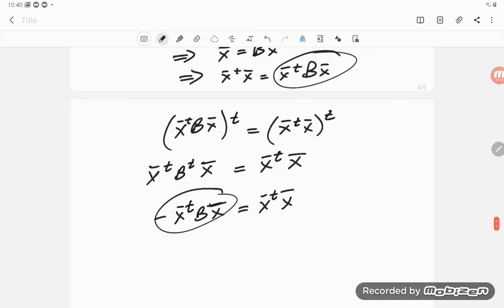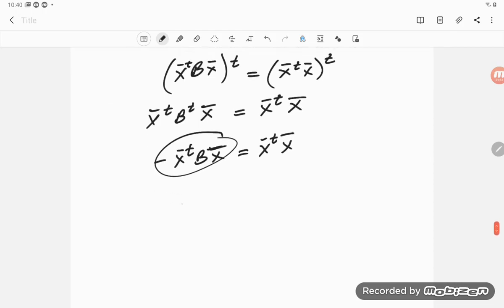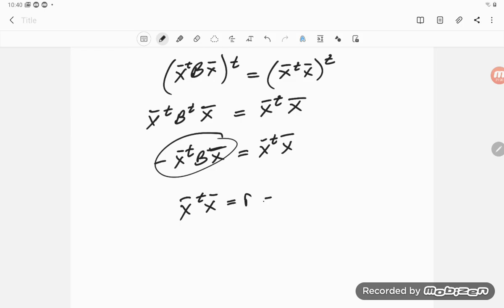So what this says is that if we call this X transpose BX some real number R, we have that X transpose X is equal to R, which is equal to negative R. They're both the same. That implies that X transpose X had to be 0.